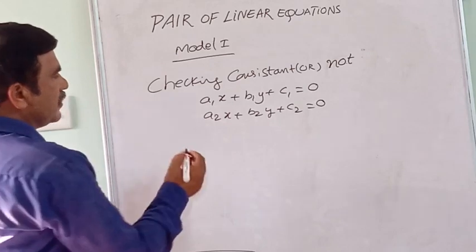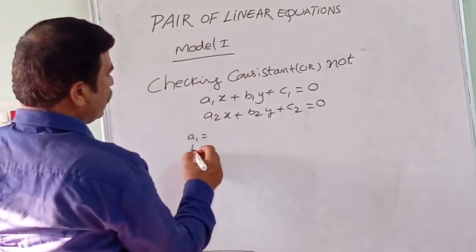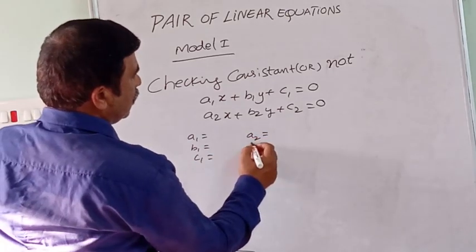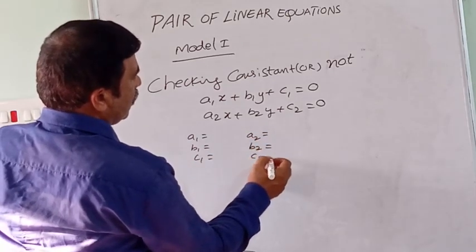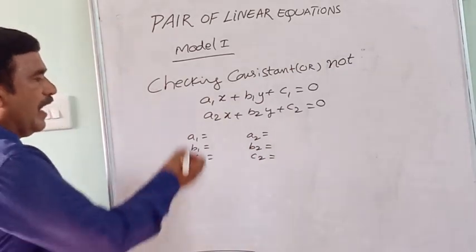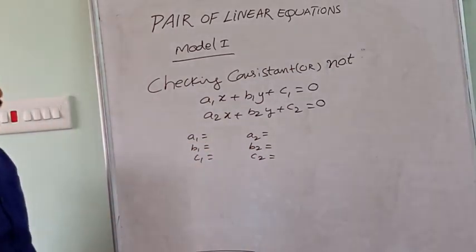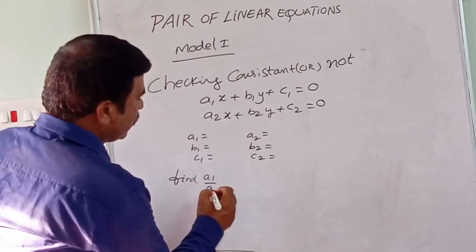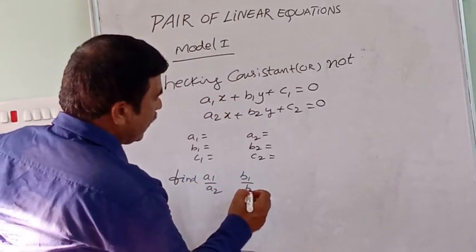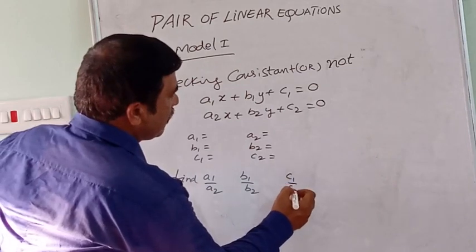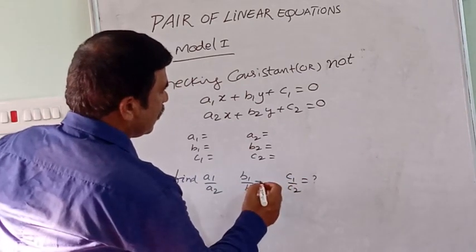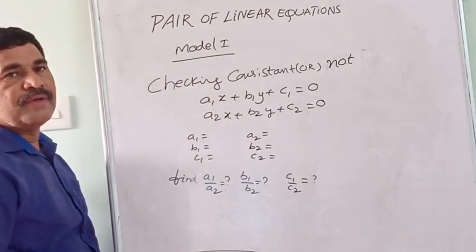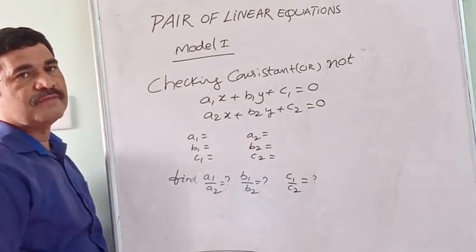Your job is just to write the a1, b1, c1, a2, b2, c2 values. After writing these values, find the a1 by a2, b1 by b2 and c1 by c2 values.